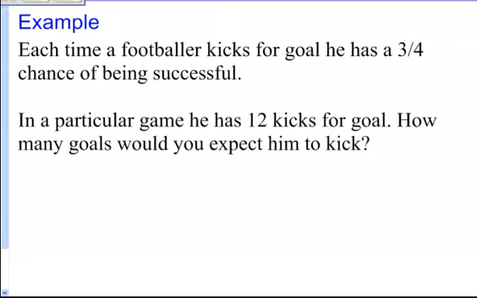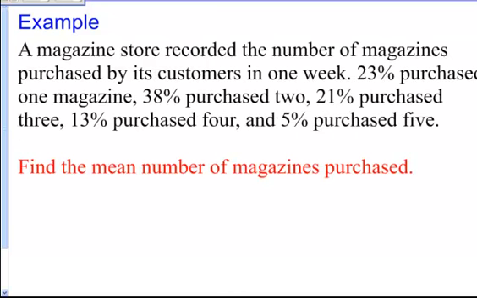Okay? So like this one. We have a magazine store that recorded the number of magazines purchased by its customers in 1 week. So we have our xi and we have our pi.